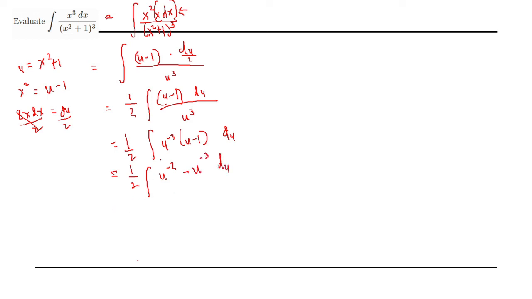So therefore, you will have 1 half times u to the negative 2 plus 1 over negative 2 plus 1, minus u to the negative 3 plus 1, which is negative 2, over negative 2.